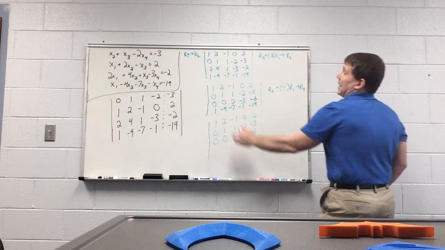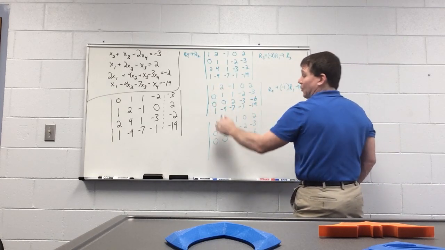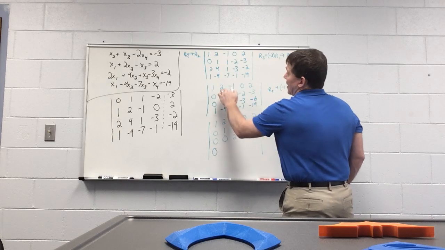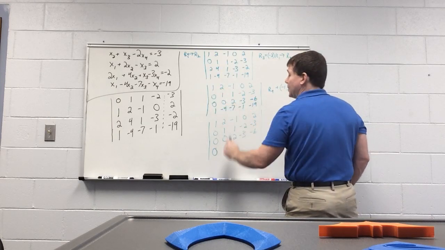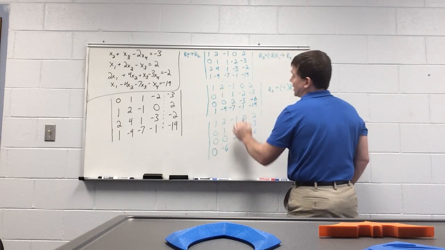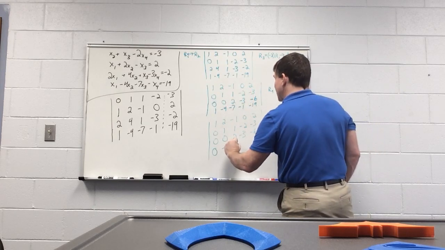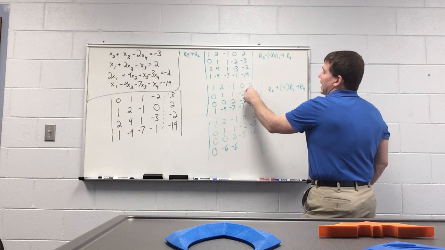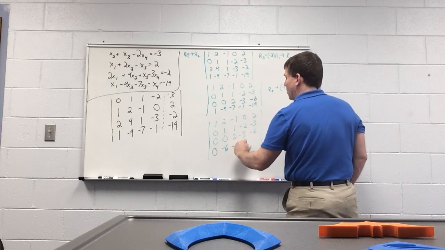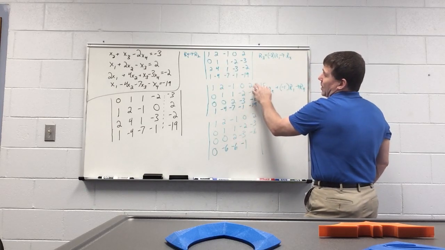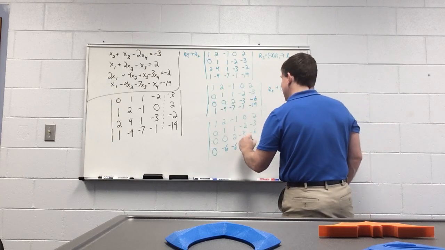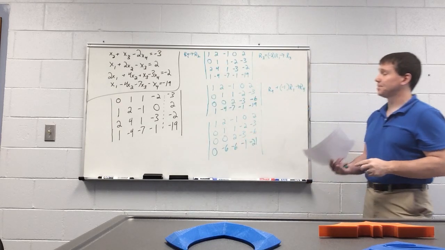Now here, negative 1 times 1 is negative 1 plus 1, 0. Negative 1 times 2 is negative 2 minus 4, which is negative 6. Negative 1 times negative 1 is 1 minus 7, which is negative 6. Negative 1 times 0 is 0 minus 1, negative 1. Negative 1 times 2 is negative 2 minus 19, which is negative 21.